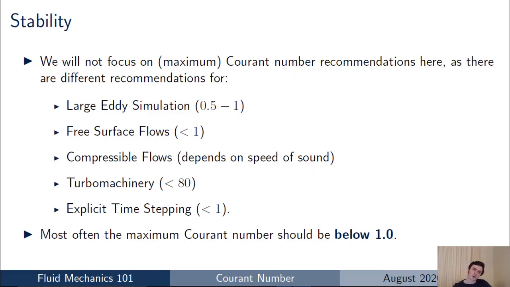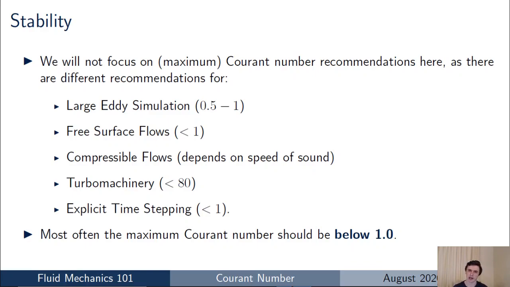But for now, the point I want to make is that most often for transient simulations, it's recommended that the Courant number is kept below 1. Now, for you in your simulations, you should look up in your field what the recommended Courant number is for the analysis that you're carrying out and use those recommendations. But for the purpose of the talk, what we're going to assume is that most often the maximum Courant number should be kept below 1. But remember to check it out for your individual simulations.